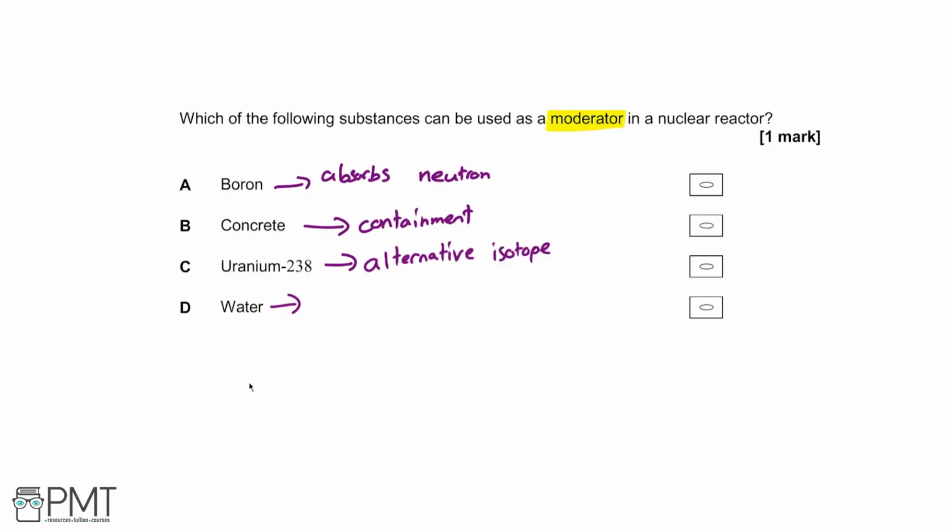This is because when fast-moving neutrons collide with water, it is good at reducing their kinetic energy without absorbing them. Strictly speaking, what actually happens is you have deuterated water, which is water with hydrogens that have 1 neutron and 1 proton in them, so an isotope of hydrogen, deuterium. This kind of water is much better at removing kinetic energy from the neutrons than normal water. Therefore, our answer is going to be D.